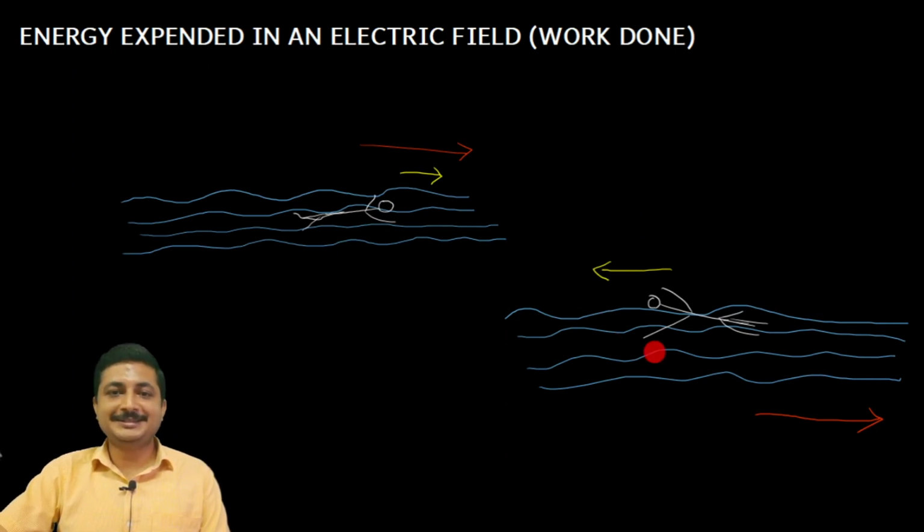But in the second example, you are asked to swim the same 200 meters but against the flow of water. So you will exhaust, right? You will start losing your energy. Maybe in the first case you are able to complete this 200 meters very easily, and in this case you may exhaust when you reach half the way, maybe 100 meters.